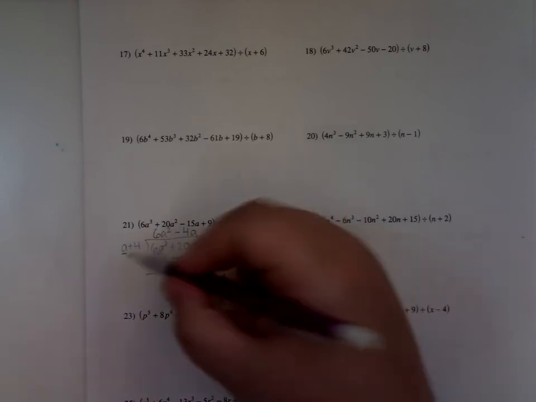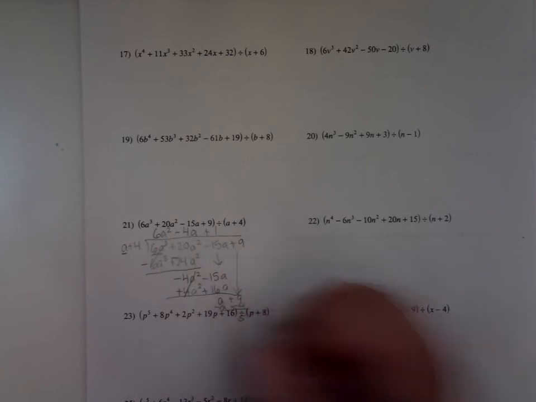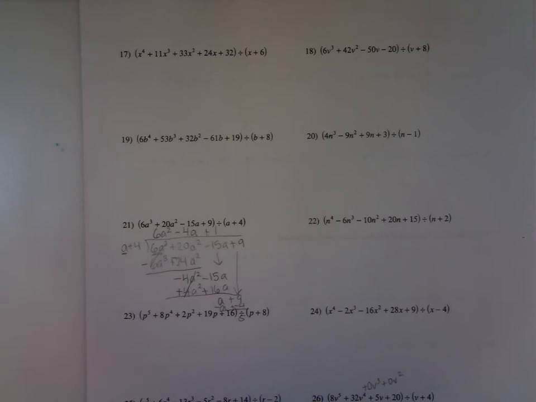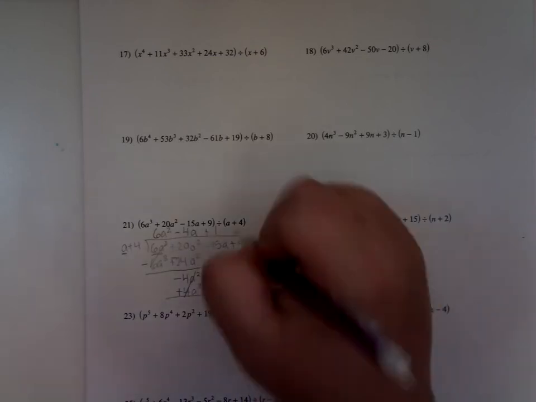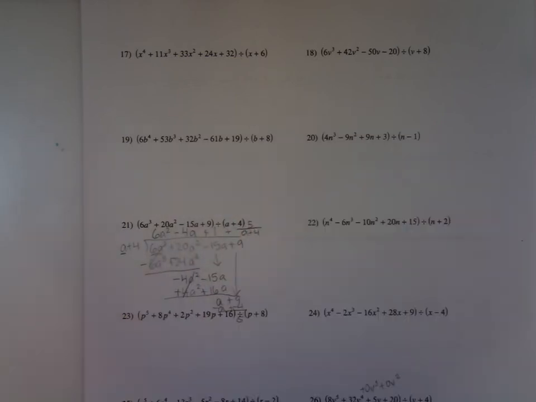A goes into a one time. 1 times a is a. 1 times 4 is 4. Subtract, subtract, and we've got a remainder of 5. So we would write this as plus 5 over a plus 4. And that's polynomial long division. Okay, moving on.